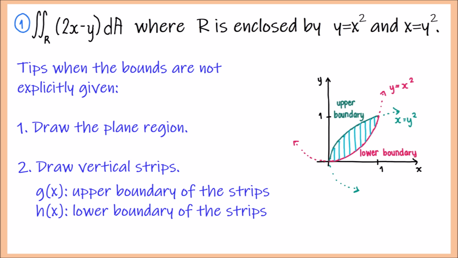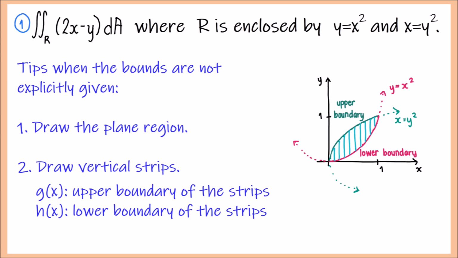So in our example, the upper boundary is x is equal to y squared, and the lower boundary is the red one, y is equal to x squared. Recall that our boundaries of y must be functions in terms of x. y is equal to x squared is already good as our lower boundary, but for x is equal to y squared, we still have to solve for y, so that would be y is equal to plus minus square root of x.